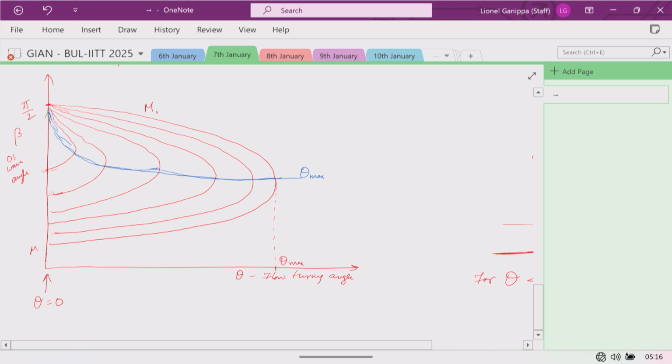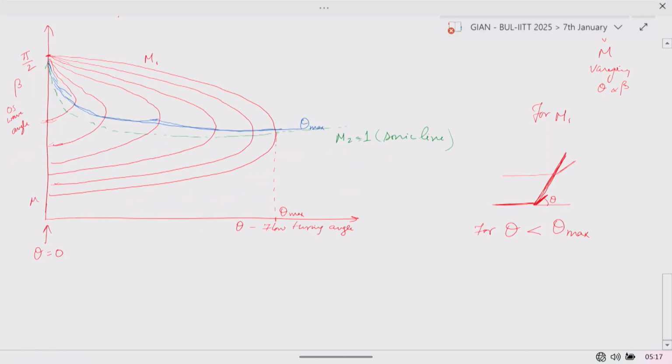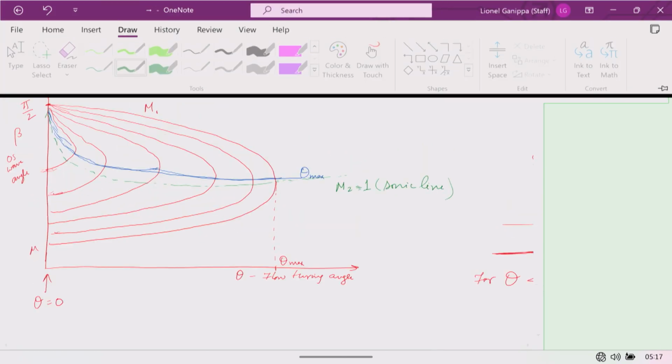Now just below that, you will have this green line. What is it? It is M2 equal to 1, which is the sonic line. So M is supersonic, and along this line you have M2 having the critical value M2 equal to 1. This is the sonic line. Now let's proceed further.